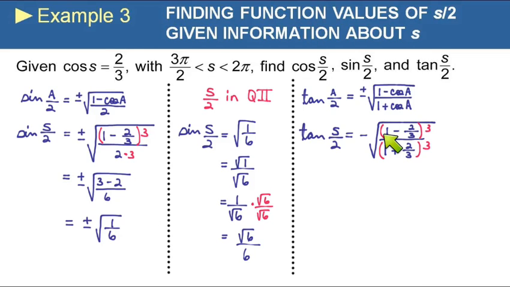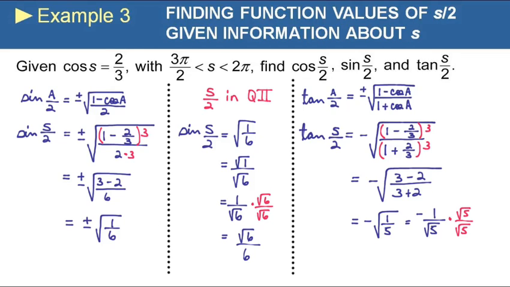And so if I distribute the 3 under the radical, I get 3 minus 2 for the top, and for the bottom 3 plus 2. And so we're left with, we've already figured out that since s over 2 is in quadrant 2, that tangent value should be negative. So that's going to be negative 1 over 5. Break it up and rationalize it, and you're left with negative square root of 5 over 5.